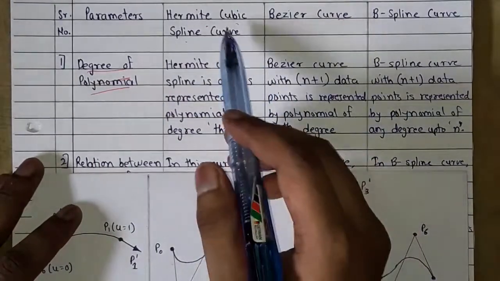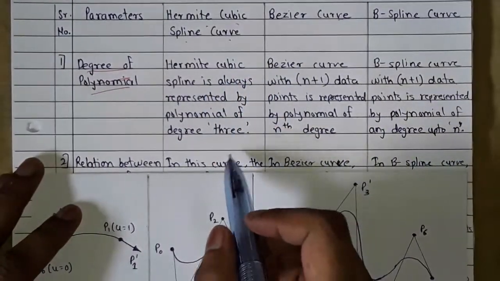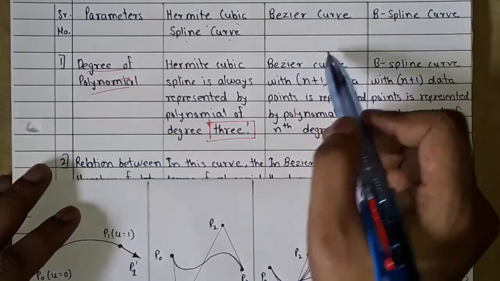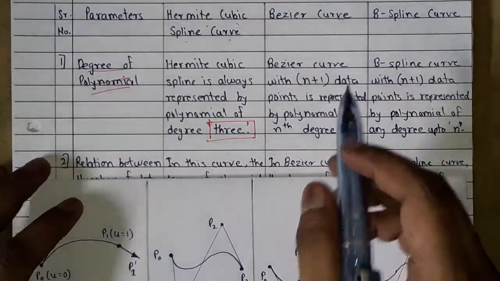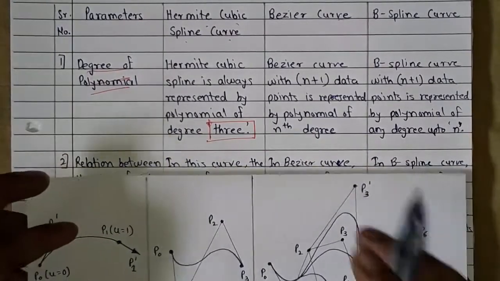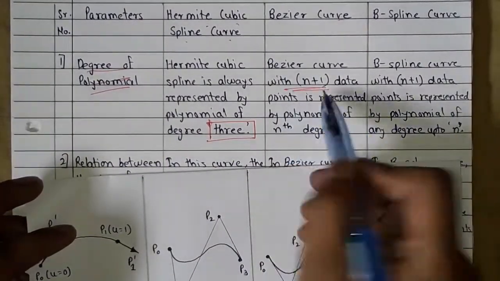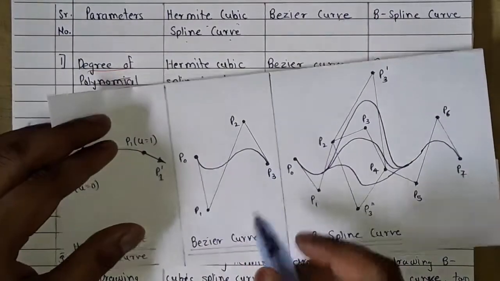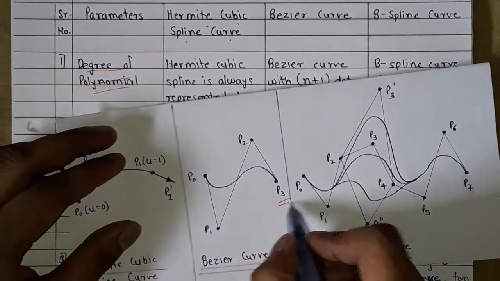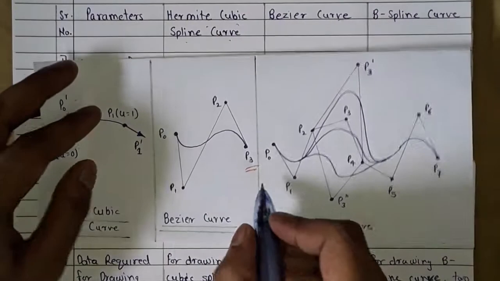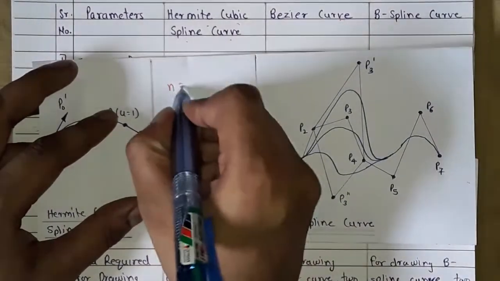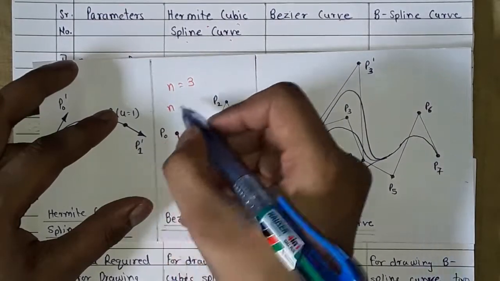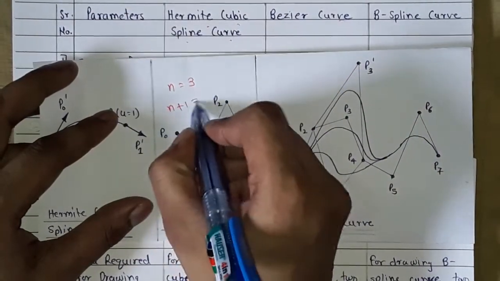For Hermite cubic spline curve, the degree of polynomial is 3. For Bezier curve, there are n plus 1 data points and the degree of polynomial is nth degree. Here n is equal to 3, so the data points are n plus 1, that is 4.